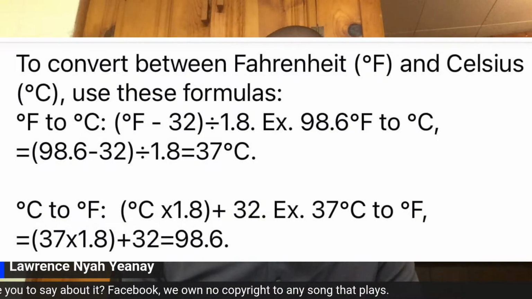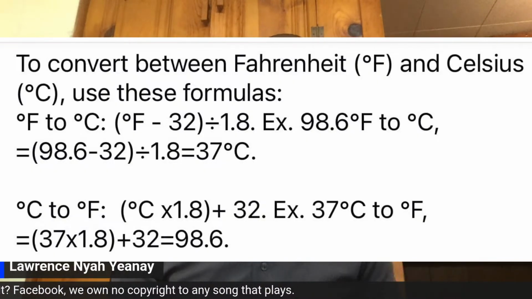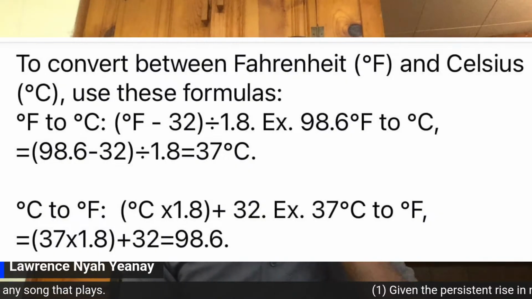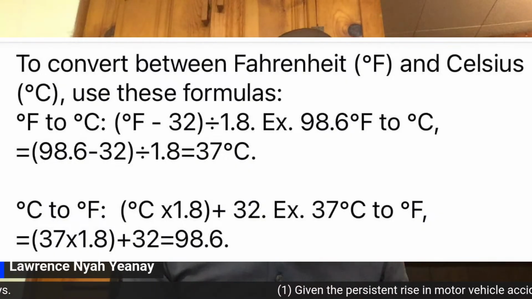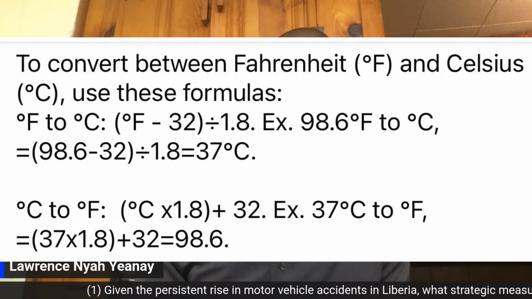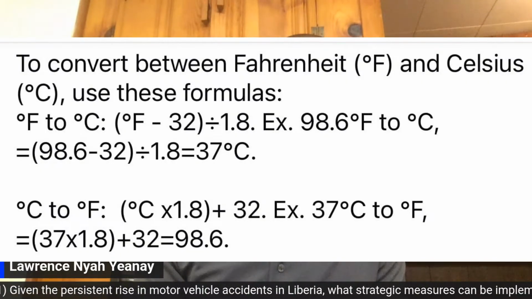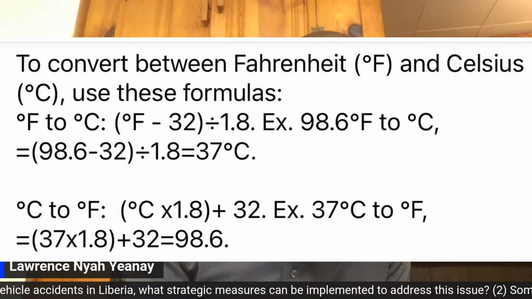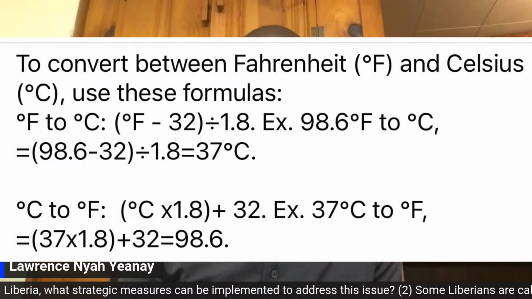All you have to do is take that figure they gave you, the 98.6 in degree F, to change it to degree C, just write it down and subtract 32 from it. After you subtract 32 from it, the answer you get is divided by 1.8.